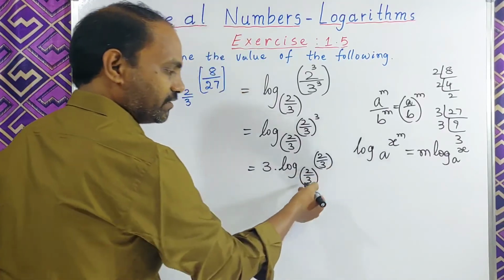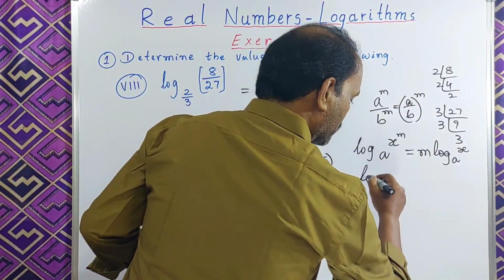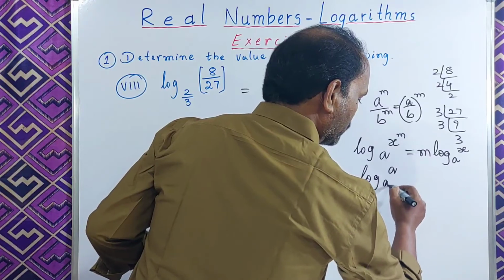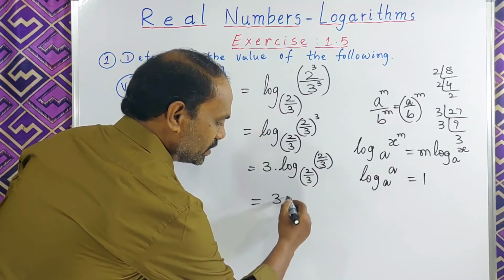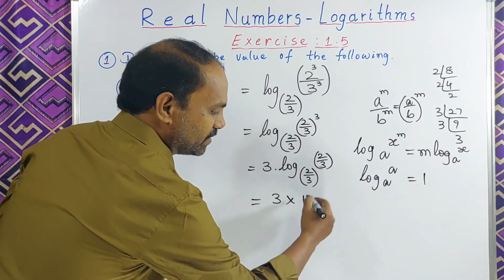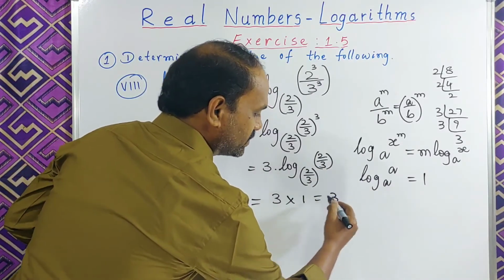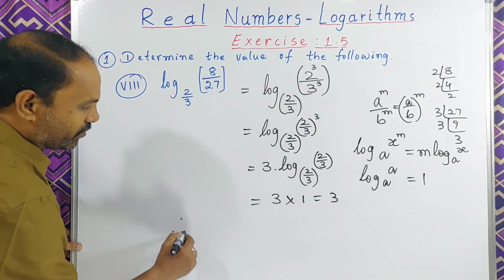Here the base value and the log value are both the same, so we use this formula, log a to the base a is equal to 1. So here 3 into this complete value becomes 1. 3 into 1 is 3.